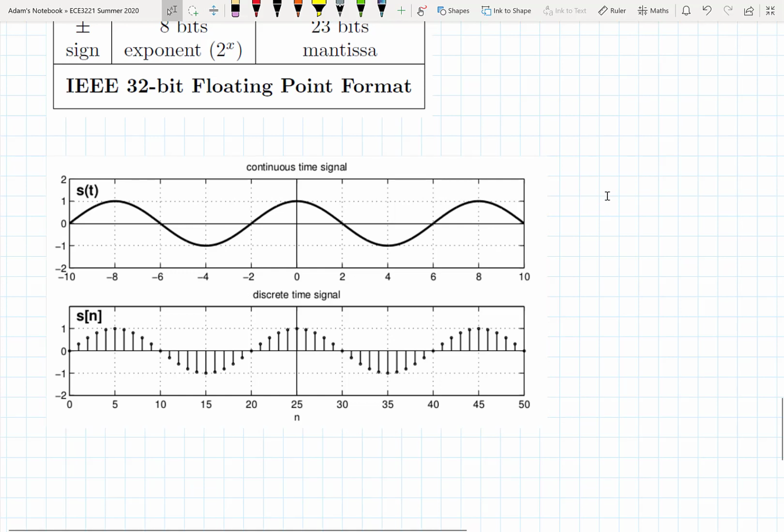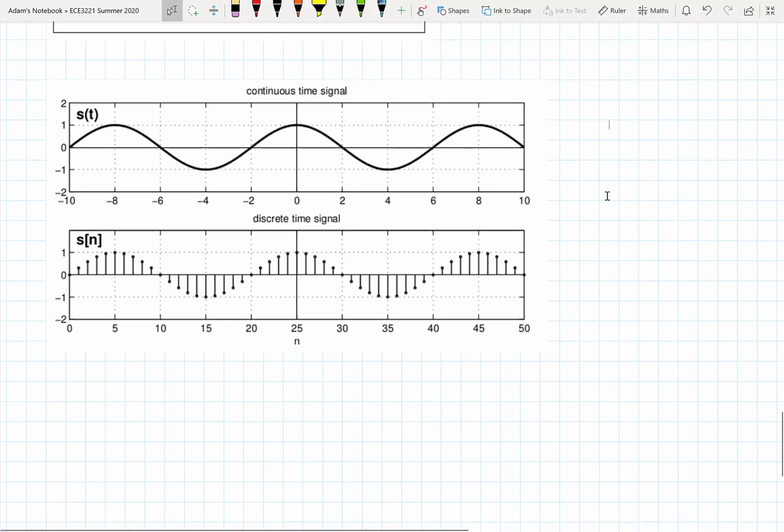But that's the means of representing analog or continuous time signals in a digital system. And here's just an example of a continuous time signal, a simple sinusoid, and how we might represent it in a digital system. So there's two things we have to think about. What is the resolution of the magnitude that we can represent?